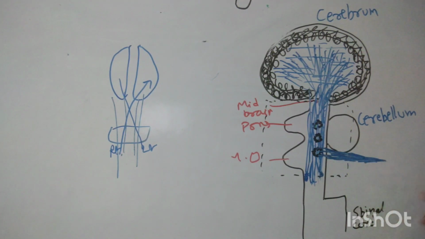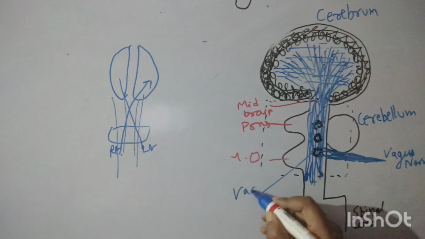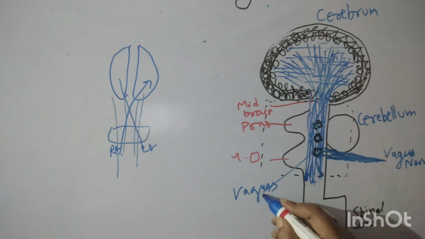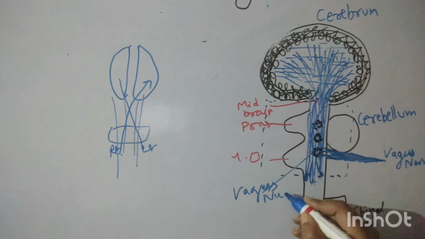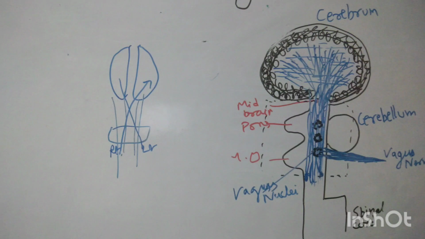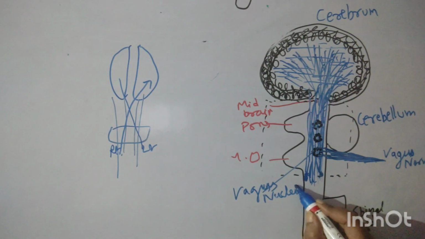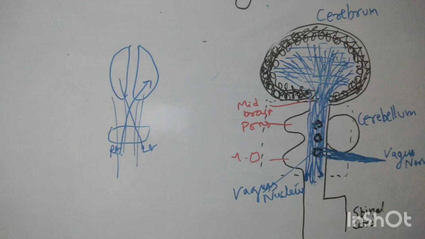These fibers will form a nerve. See, the vagus nerve, for example. Then we will call this a vagus nucleus. It can be any type, vagus nuclei. This is not that type of nucleus which is present in the cell. This is a different type of nucleus.